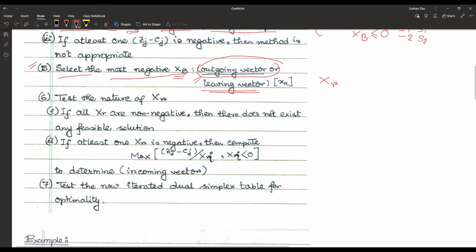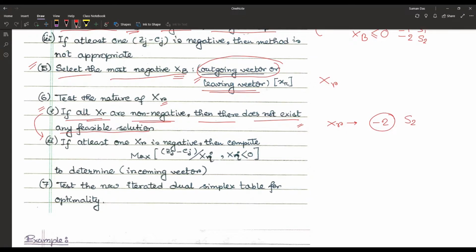Test the nature of XR. If all XR are non-negative, then there does not exist any feasible solution. That is not our case, because XR, the leaving vector, is -2 for S2.